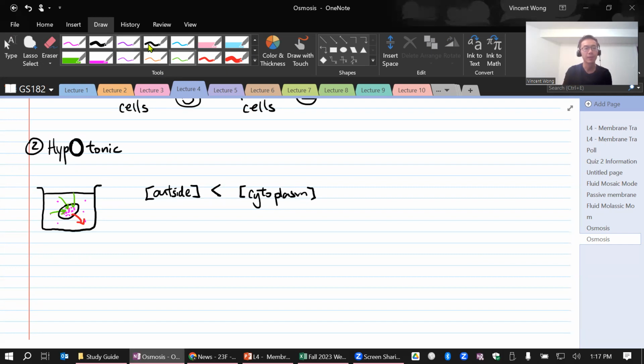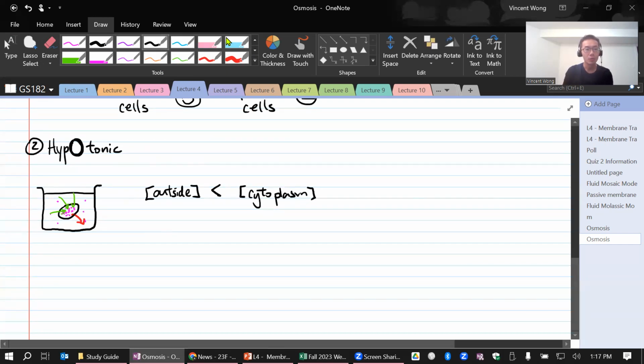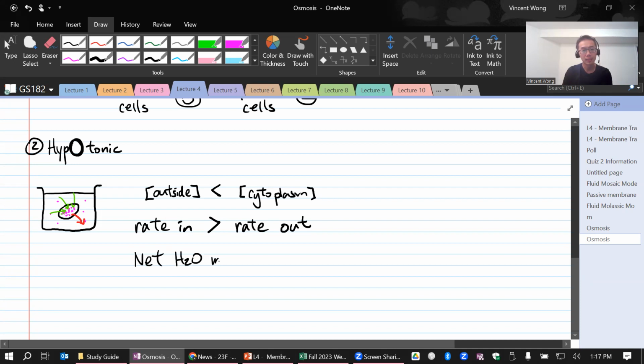So the rate in is greater than the rate out. So the net water movement is into the cell. All right.